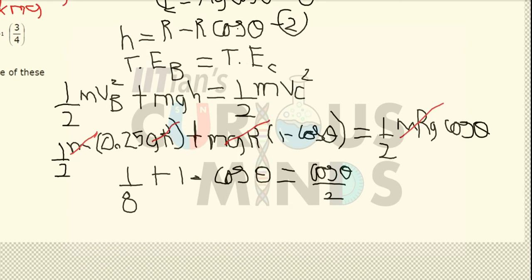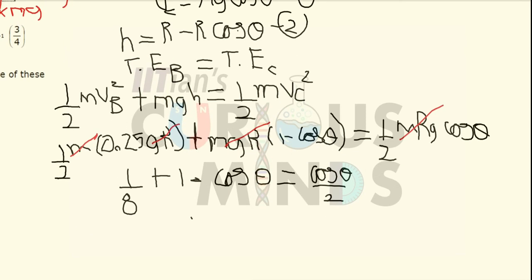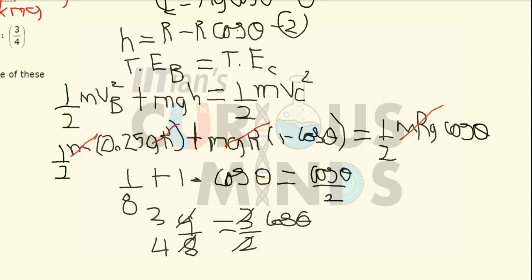When I shift this term to the right hand side and rearrange, it will be equal to 9 by 8 is equal to 3 by 2 cos theta. So 2 fours are 8, 3 threes are 9. So cos theta will be equal to 3 by 4.